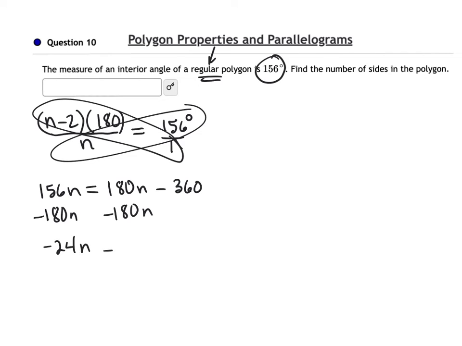Negative 24n equals negative 360. Now I'll divide both sides by negative 24. And we get 15. This thing has 15 sides. It's a 15-gon.